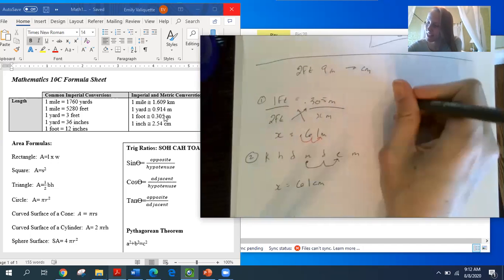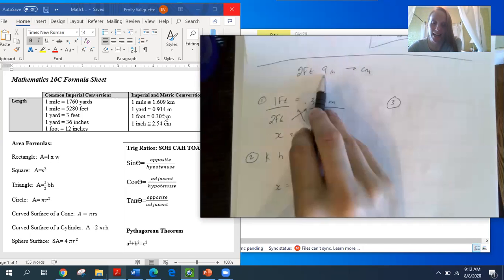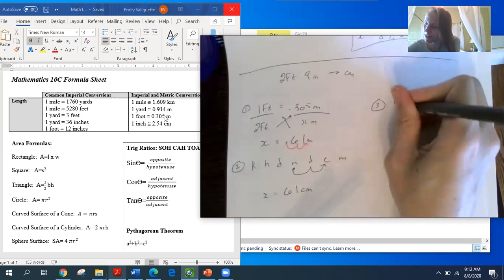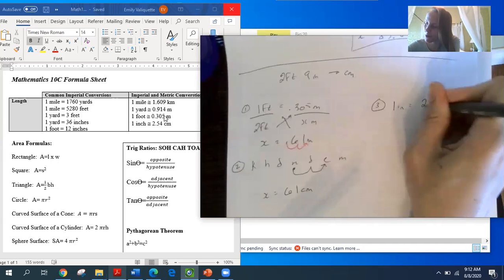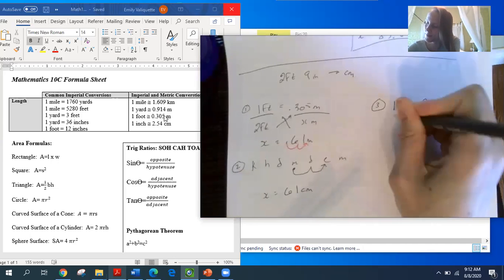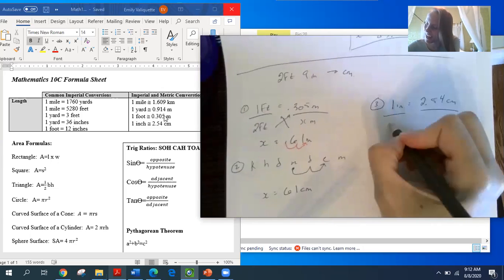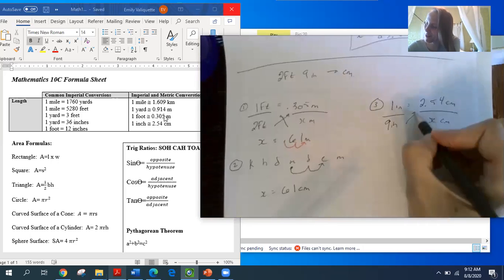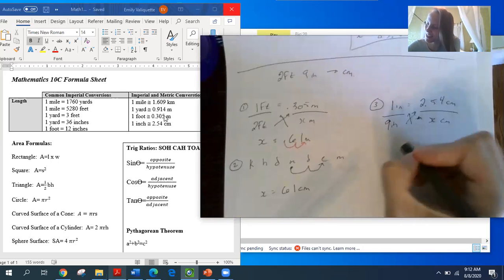Then for my third step, I'm going to convert my 9 inches into centimeters. So I'll go 1 inch is equal to 2.54 centimeters. 9 inches is how many centimeters? Ignore that line. Cross multiply, x times 1 is x.